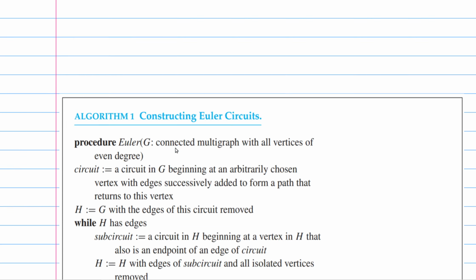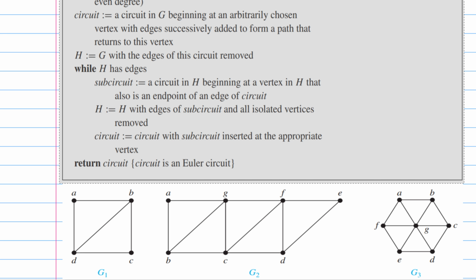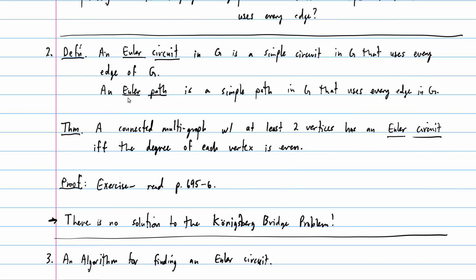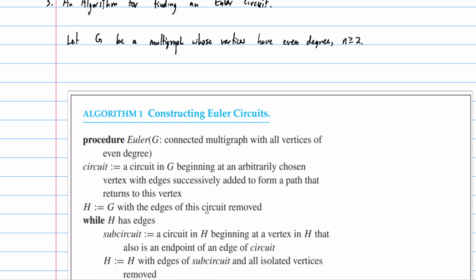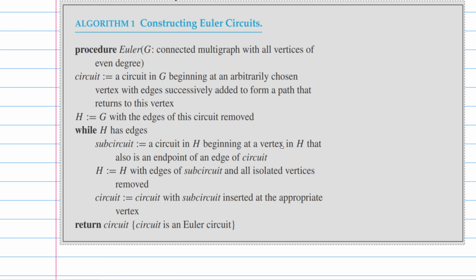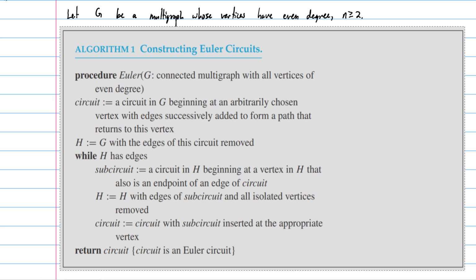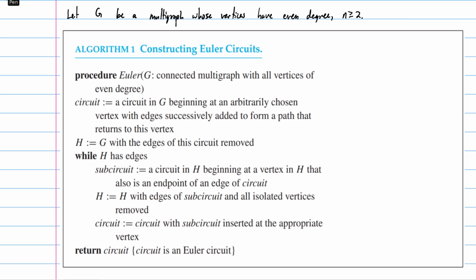All right, well, let me scroll down and get the algorithm, and paste it back up here, and we can look at it. So here's our algorithm. As we've looked at some of these before, this is directly from the book.